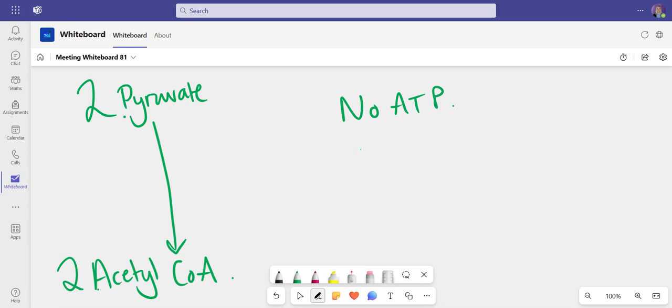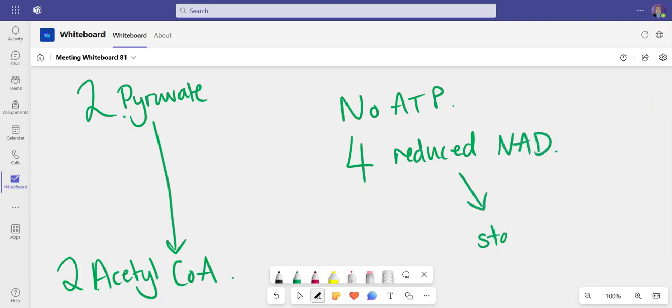Each pyruvate makes 2 reduced NAD, so in total it makes 4 reduced NAD molecules. You remember these reduced NAD molecules are going to be taken to stage 4, okay, ready to make more ATP. So the reduced NADs go off to stage 4.